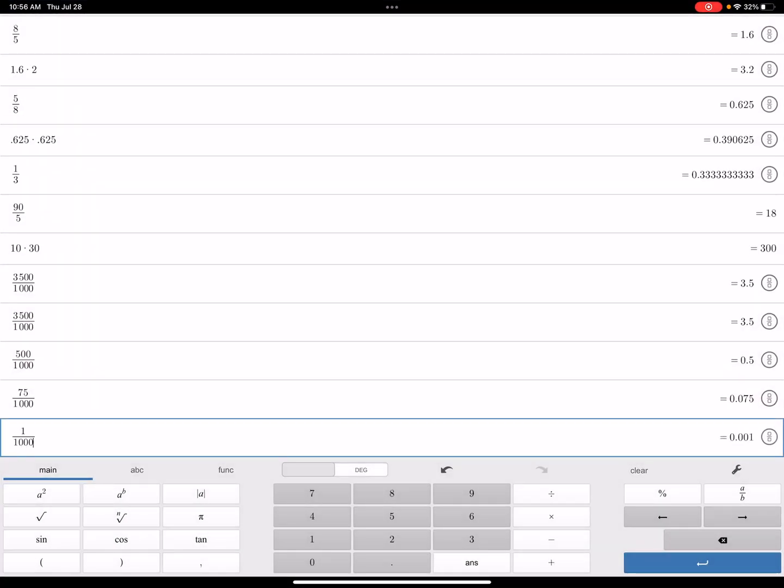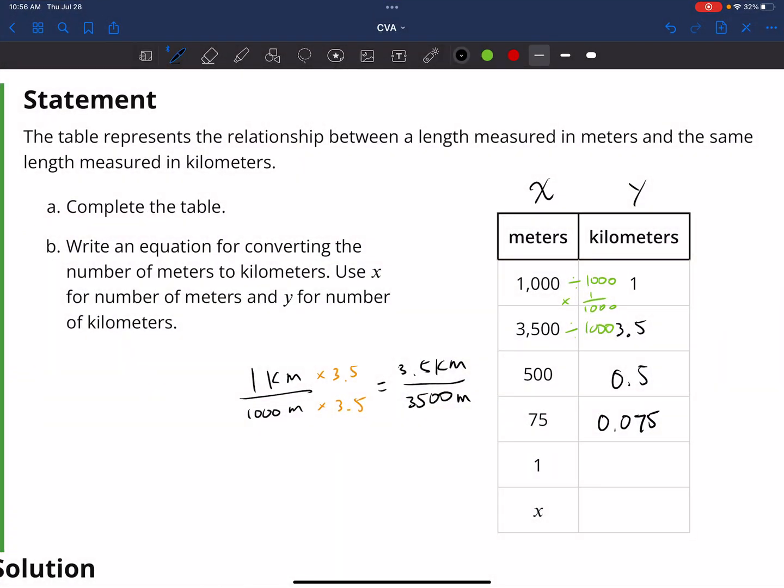And 1 divided by 1000 is going to be 0.001. So as you can see, I'm just multiplying by 1 over 1000, or by 0.001, because 1 over 1000 is the same thing as 0.001.